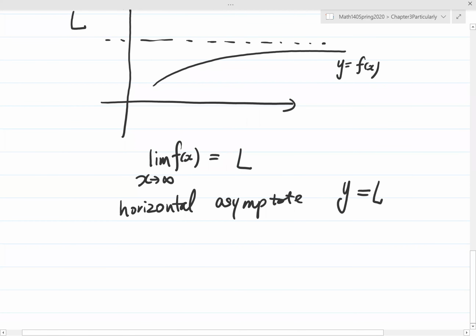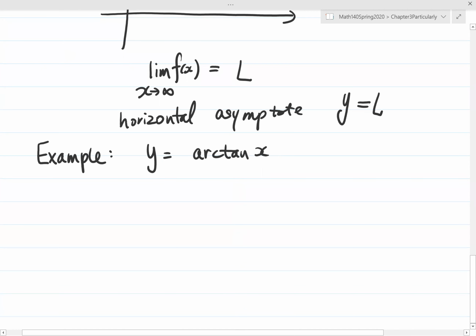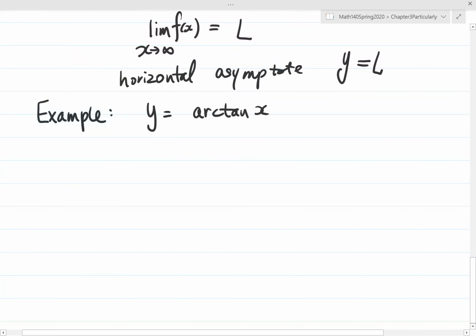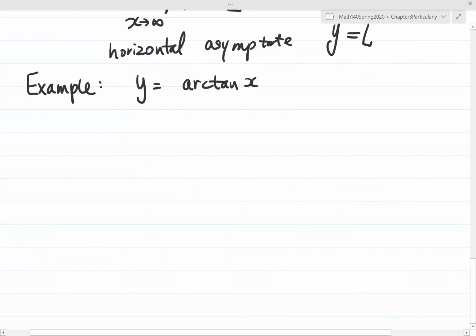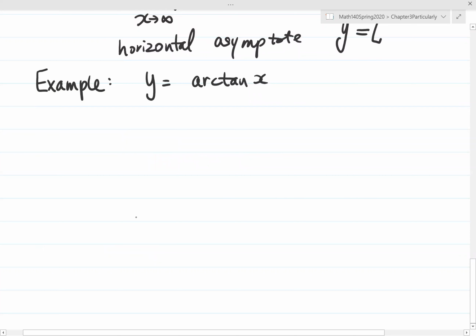Okay, a concrete example: y equals arctan x. This is the inverse of the tangent function. Now, if we plot the graph of tangent x, remember, how do we plot tangent x?